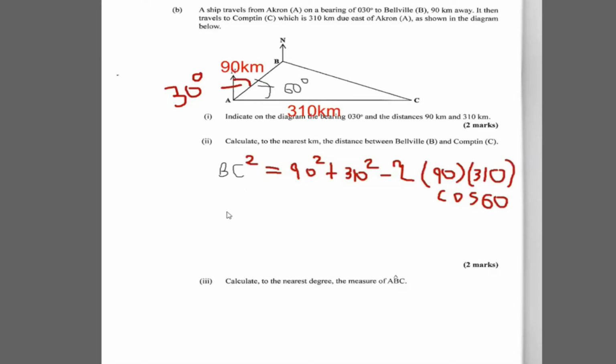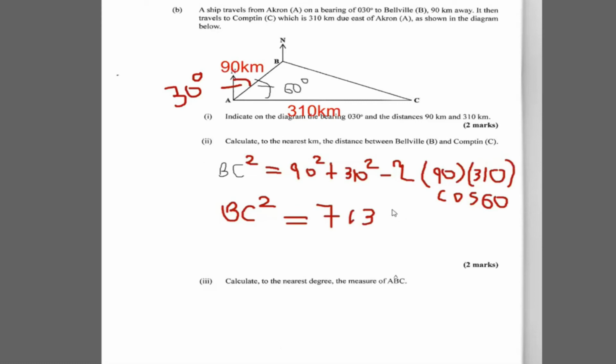So what it works out to be is BC squared is equal to 90 squared plus 310 squared minus 2 times 90 times 310 times the cosine of 60. So that's 76,300. That's BC squared.